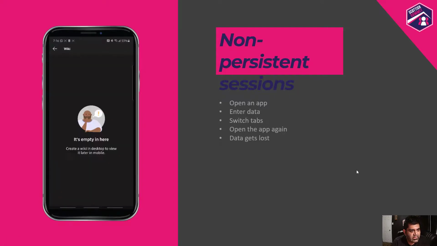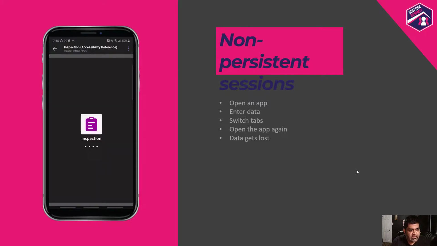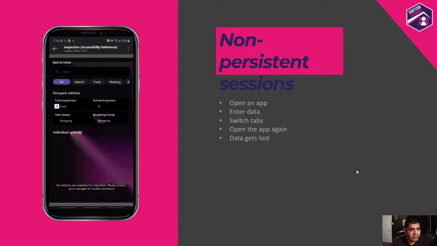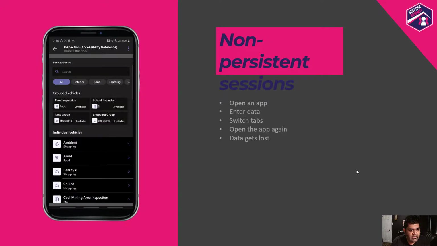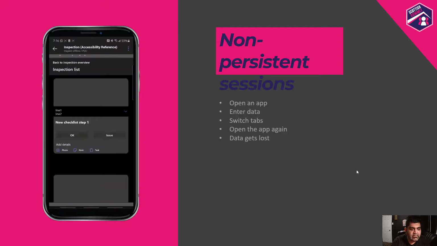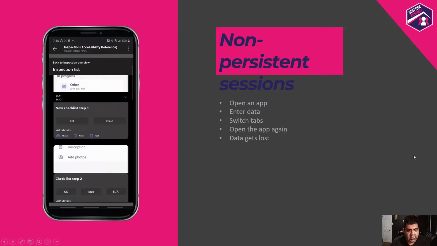And then if I switch tabs and I come back into the app, you will see that I've lost that information. And it basically tells me to start performing that inspection again. And if this inspection had a large number of steps, that can be very painful. So to prevent that, there is an option that is available.